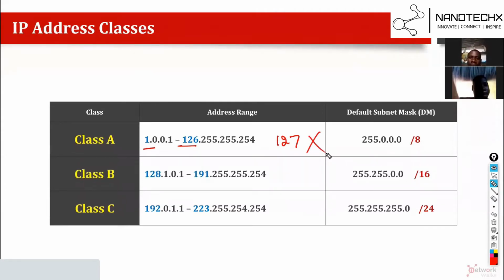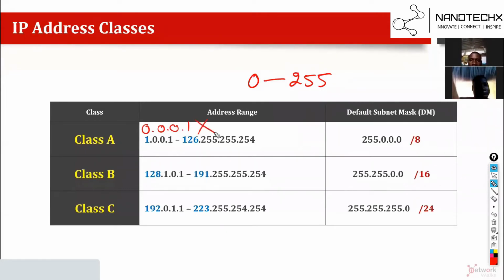Can somebody tell me what else is not here? Because the total range starts from 0 to 255, it means 0 is not here. The address 0.0.0.1 is an IP address, but it is reserved, so it does not belong to any class. Similarly, from 1 to 126, and then it is 128.